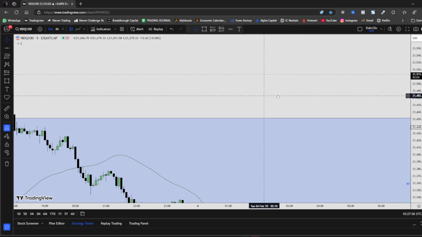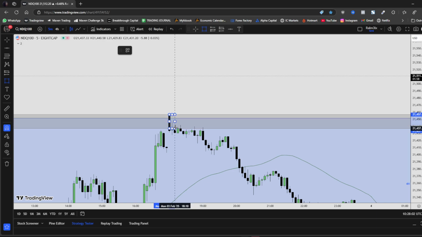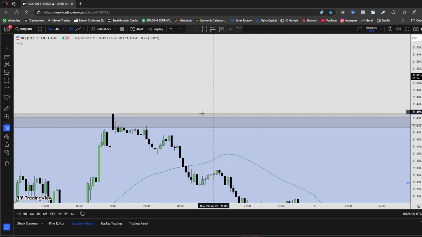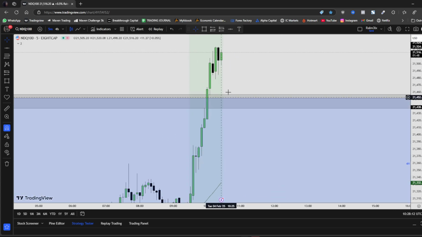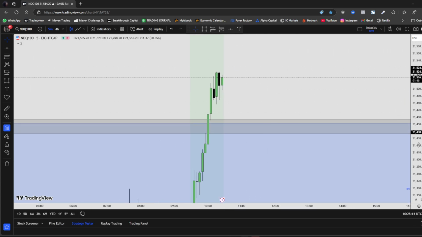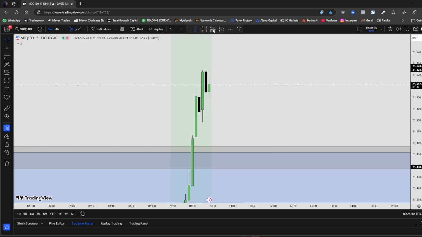And if I go left, I have this here. I marked from this body to these bodies here, okay? And I have my zone here, above the 4-hour, above the moving average, inside the session, and price closed above the zone, okay?